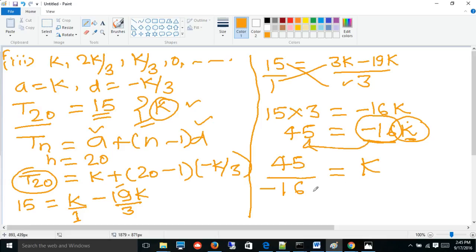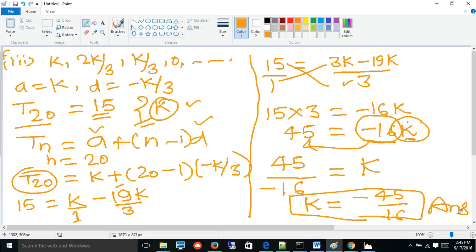Now we can write it in a proper way. So the value of k is equal to minus 45 divided by 16. Minus here, plus here, so we can write minus as a common. Okay, so this is the value of k. This is our answer. Hope you understand.